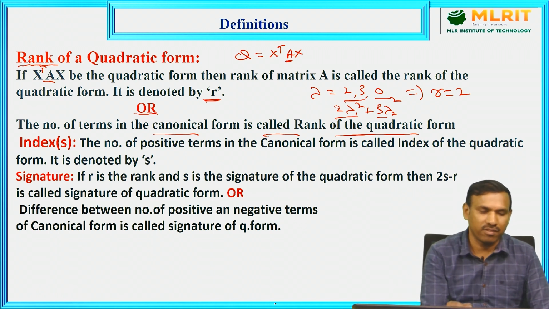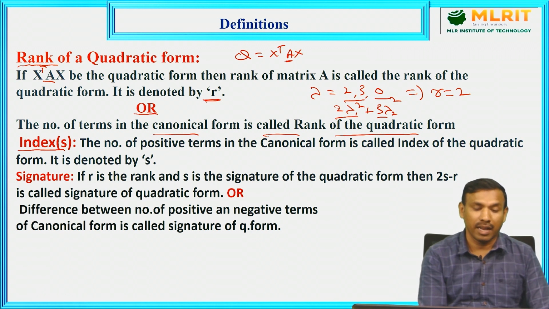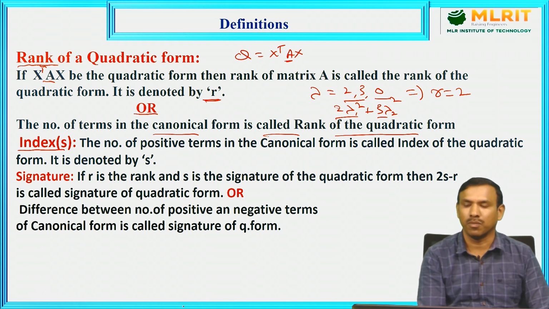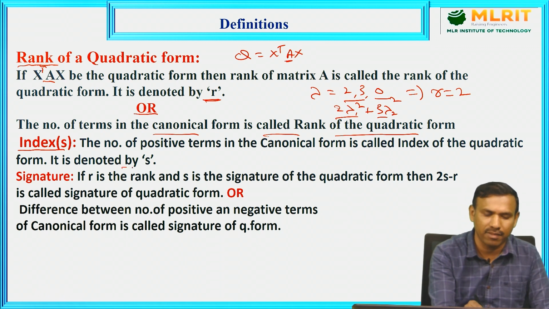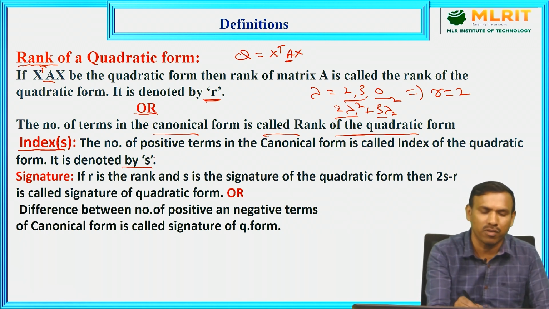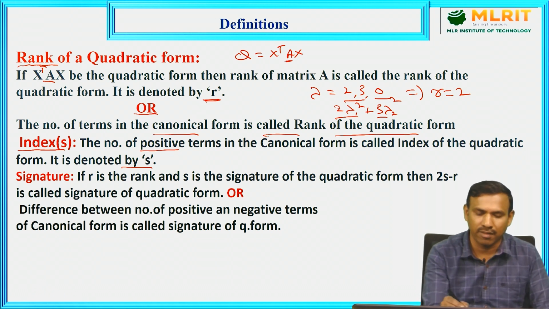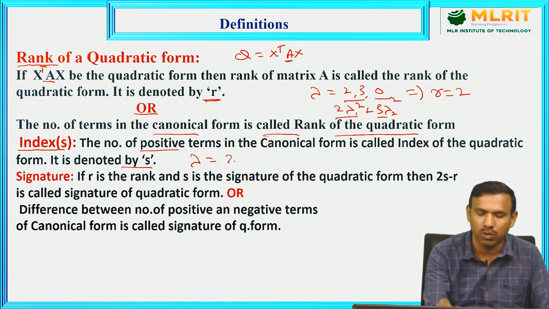Right. Next property, index, which is denoted by S. The number of positive terms in the canonical form is called the index of the quadratic form, and it is denoted by S. In the canonical form, only positive terms will be counted. That will be treated as the index, denoted by S. Suppose lambda is equal to 2, 3, 4.